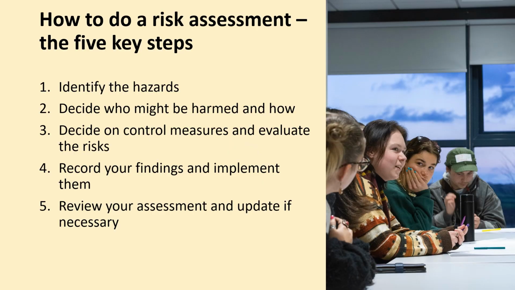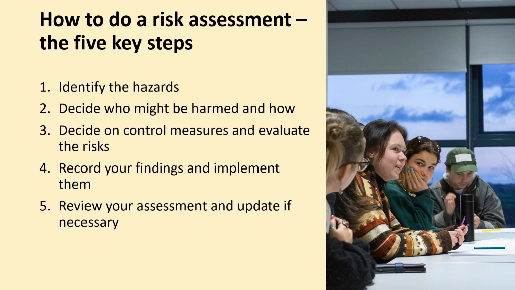So how do we do a risk assessment? If we look at it as sort of 5 key steps, the first step is to identify the hazard. That'll be the biggest challenge when doing a risk assessment of any event or activity, is to sit down and go, okay, what are the hazards for this activity? What can go wrong?